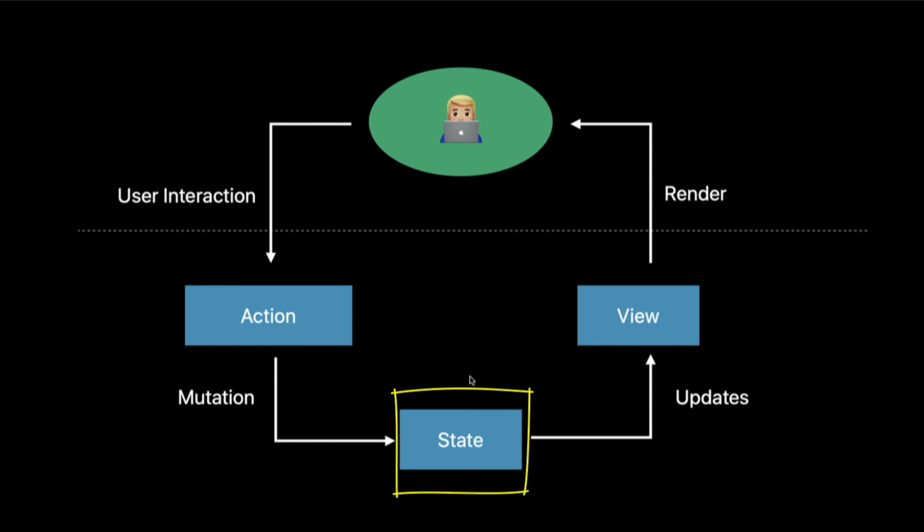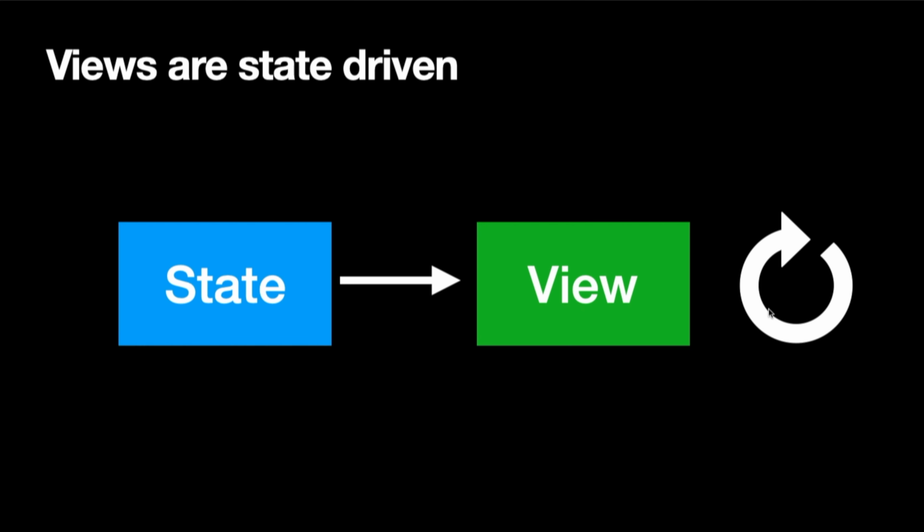That changed state is what drives or updates our view and causes it to re-render itself. That's how data works in SwiftUI. So instead of reacting to what's going on in our UIs directly, we're taking those actions, manipulating state, and that is going to update and re-render our view.